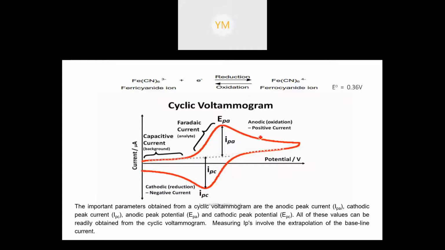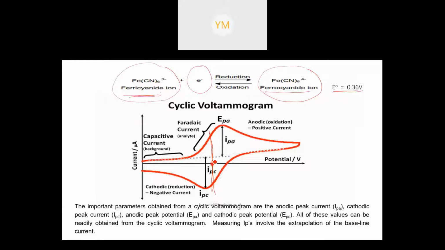You will plot the cyclic voltammogram of this ferric complex. The ferricyanide ion will reduce, if it involves only one electron transfer, to ferrocyanide. So the E half, or half-wave or half potential, is between these peaks, located here.